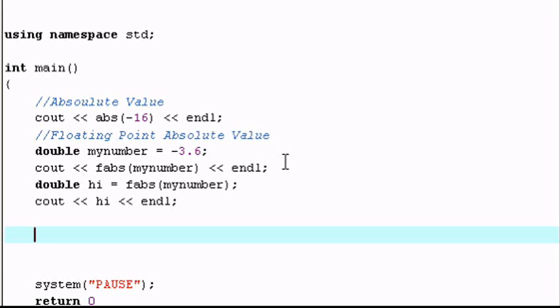Now the next math function is the power function, like to the third power, to the fourth power, exponents, stuff like that. So let's use the power function.